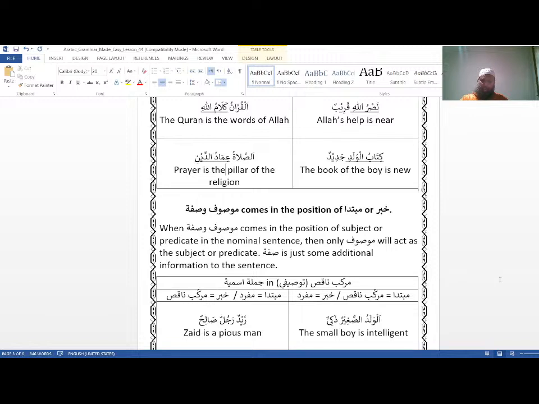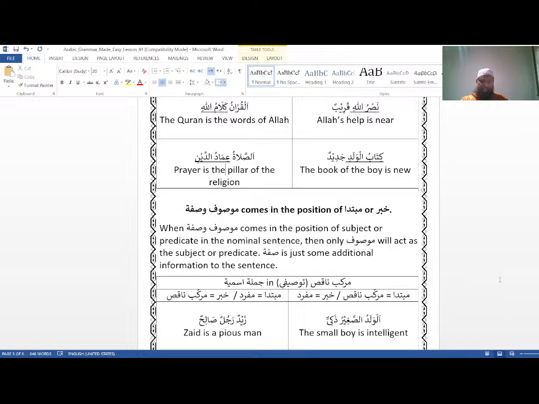Again, murakkab naqis, which is tawsifi in jumla ismiya. So mubtada murakkab naqis, and that will be murakkab tawsifi. Khabar is mufrad. Al-Waladu Saghiru, a phrase, becomes in place of mubtada. Zakiyun, khabar, a single word. The small boy is intelligent.